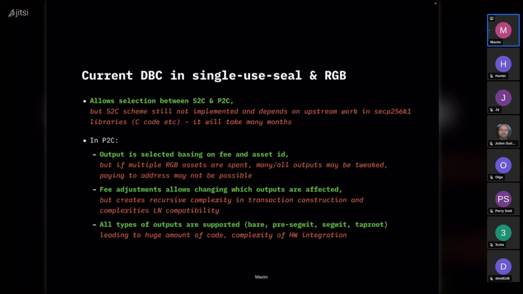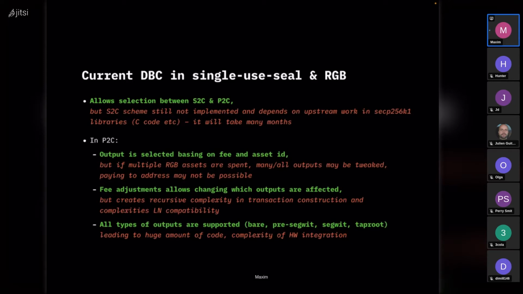Basically, that's quite a complex story, which we faced when we were implementing wallet libraries. And finally, we designed a way to tweak any type of transaction output: pay to public key hash, pay to witness public key hash, and so on, pay to script hash, pay to witness script hash.